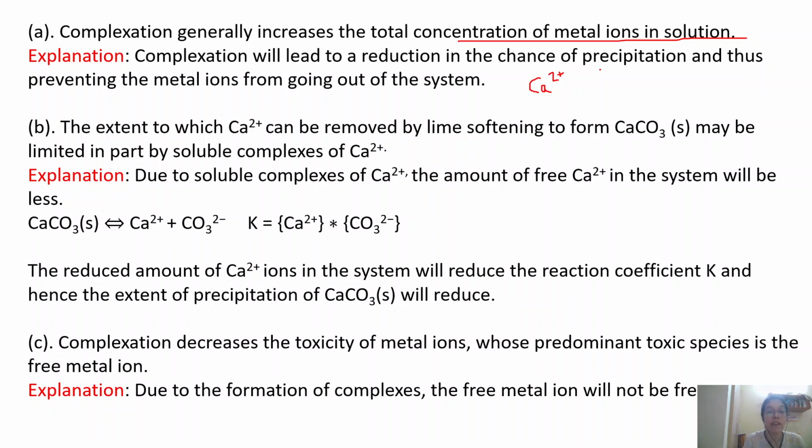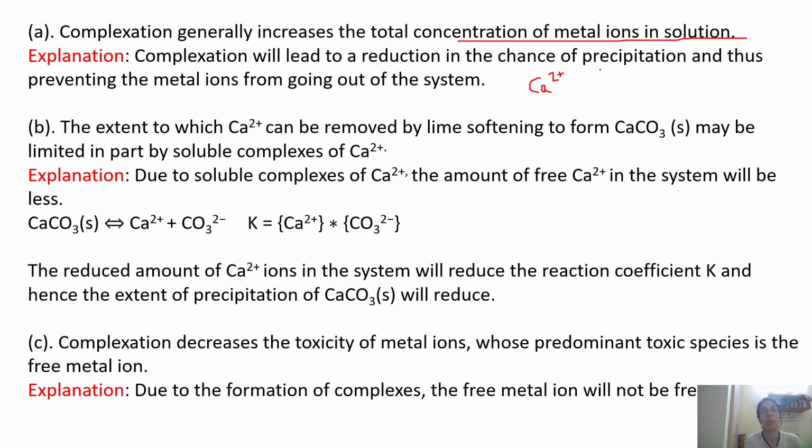Everything is there, but still they are not precipitating. Then what can be the reason? We are doing everything which will make them precipitate. We are adjusting the pH properly, we are adjusting the temperature and everything. They should precipitate, but still there is no precipitation. Then we say that there is complexation.